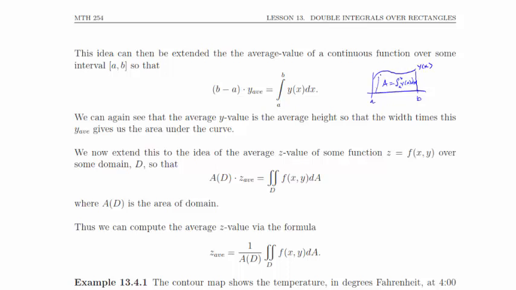That's just all of these heights added together with infinitesimal widths. That is our area. So we are taking the average of those by asking what's the average height, and the average height is going to be a height where the width times this height is the same as the area under the curve.